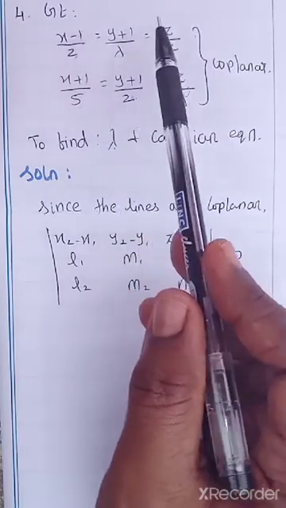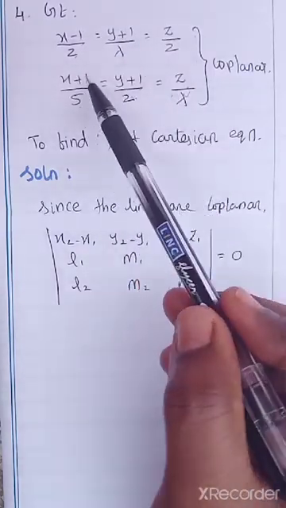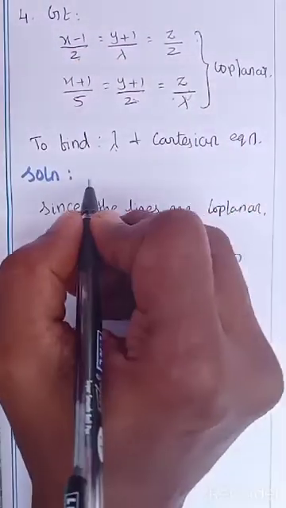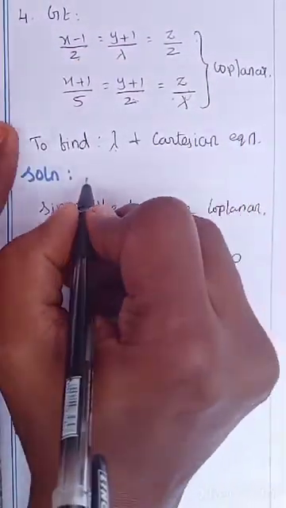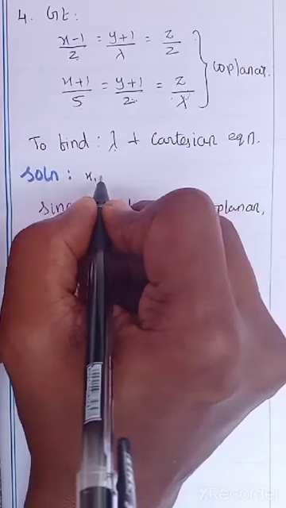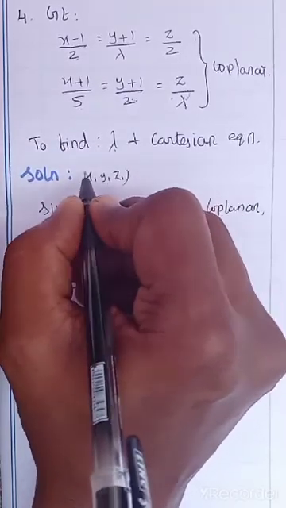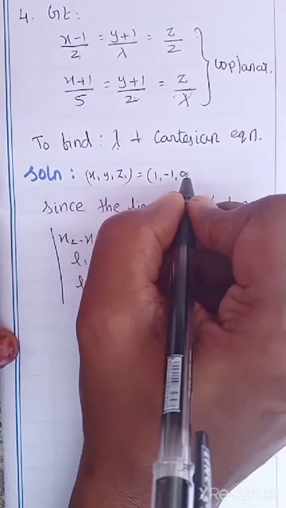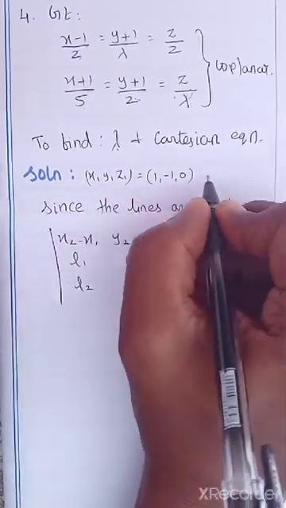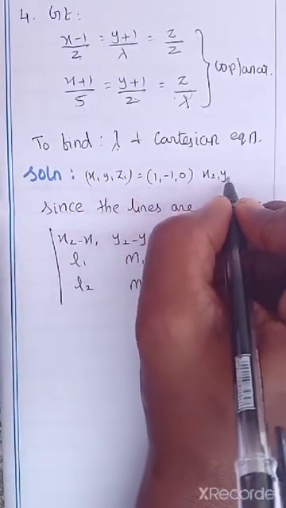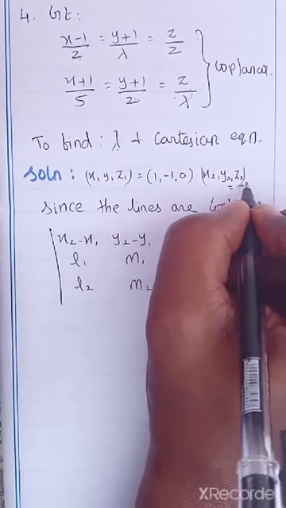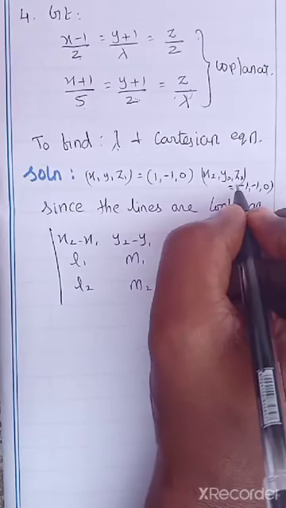This is your x1 y1 z1, x2 y2 z2, so we have to subtract. We can take the points here: x1, y1, z1 gives 1 minus 1, 0. Next, x2, y2, z2 is minus 1, 0.